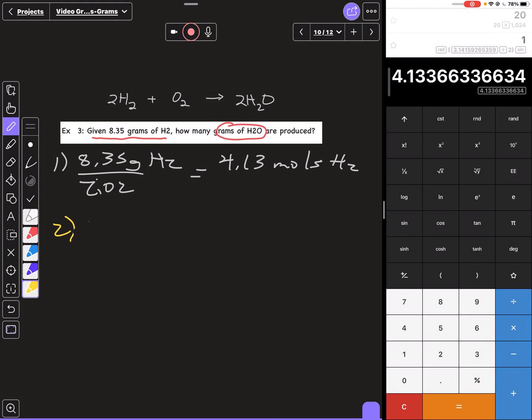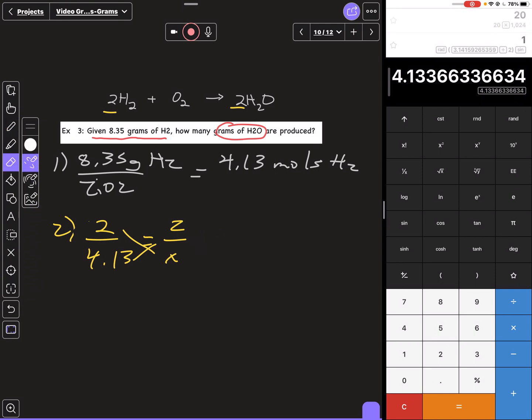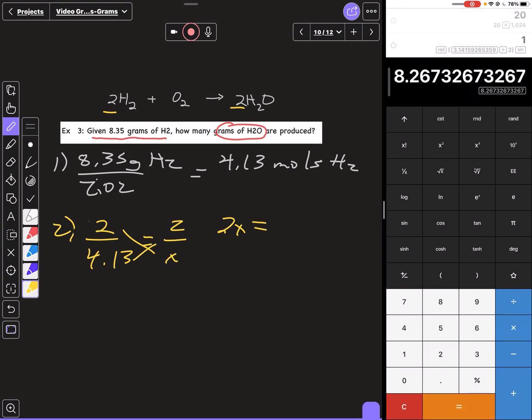So I will put 2 over, because that's what the coefficient for H2 is, 2 over how many moles I actually have, which is 4.13, equals, and then I'm going to H2O, so I put 2 over X, and I get 2x is equal to 8.27.